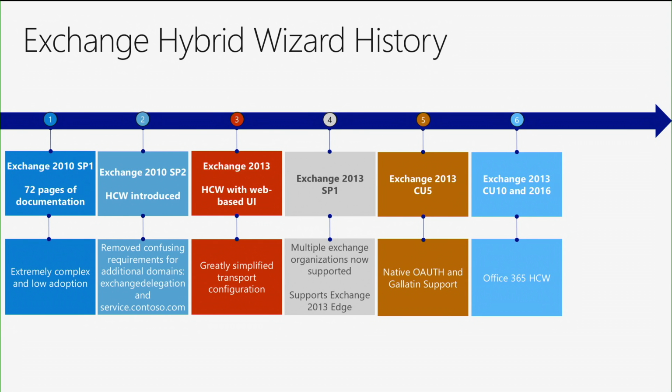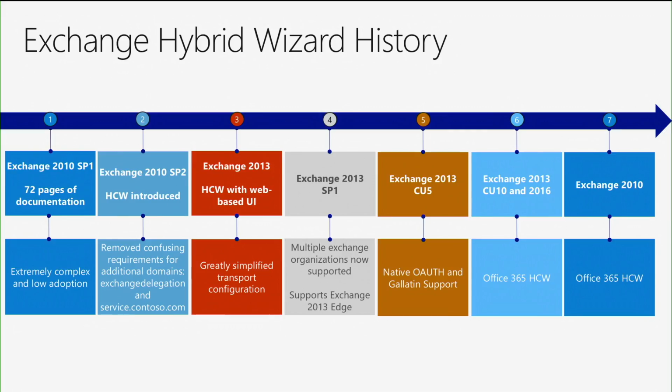Then in Exchange 2013 CU10 and 2016, about the same time frame, we switched from having an Exchange Hybrid Wizard to having an Office 365 Hybrid Configuration Wizard. The idea here is a single platform that we can support across Office 365 and extend for additional workloads and other features that are outside of the traditional context of Exchange.